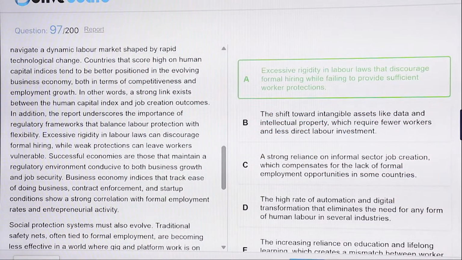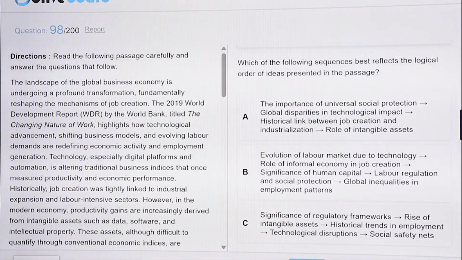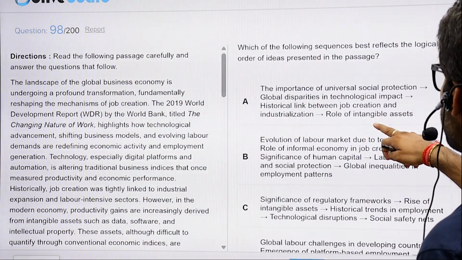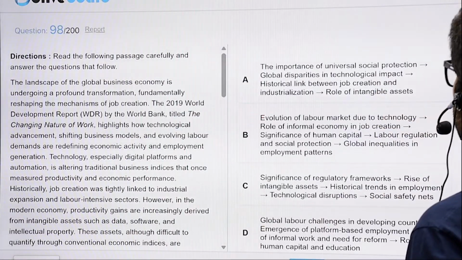Which of the following sequences best defines the logical order of ideas presented in the passage? The importance of universal social protection.